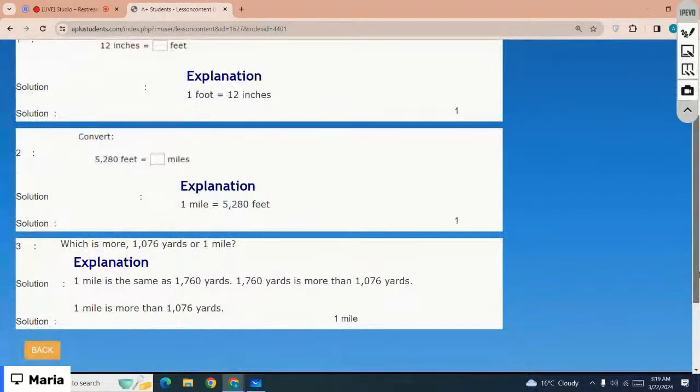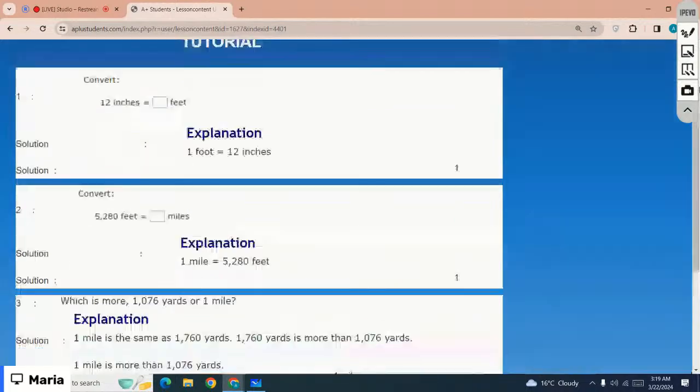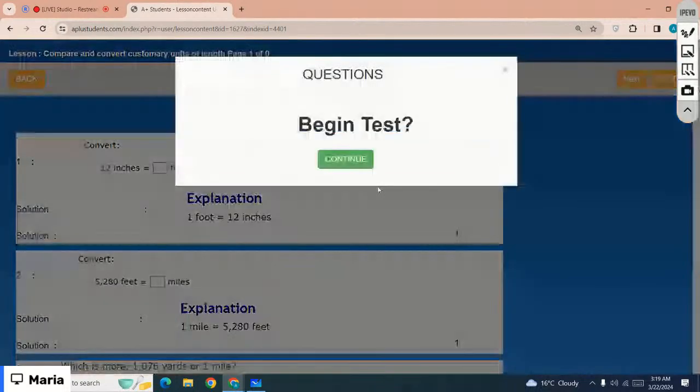In 1 mile you have 1,760 yards, right? So here you are given 1,076. So 1,076 is less than 1,760, right? So 1 mile is more than 1,076 yards. Got it? Let's just start with the test questions.